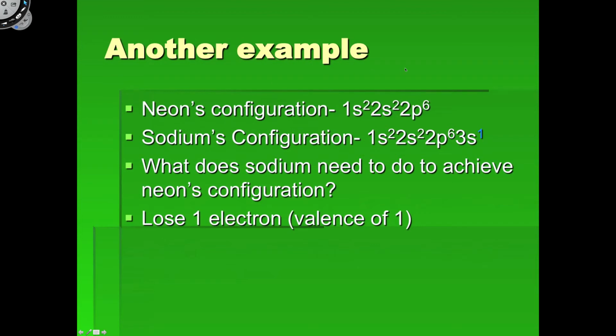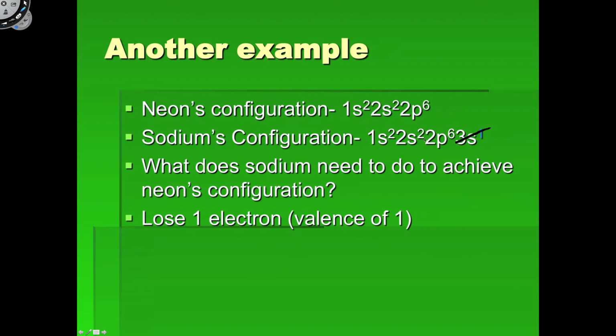Well, let's take a look at neon. Neon's 1s2, 2s2, 2p6, and let's look at sodium. Sodium ends in 3s1. Now, what could sodium do? Well, sodium could gain 7 and look like argon, 3s2, 3p6, and have a valence of 8, or it could lose this 1 electron here.